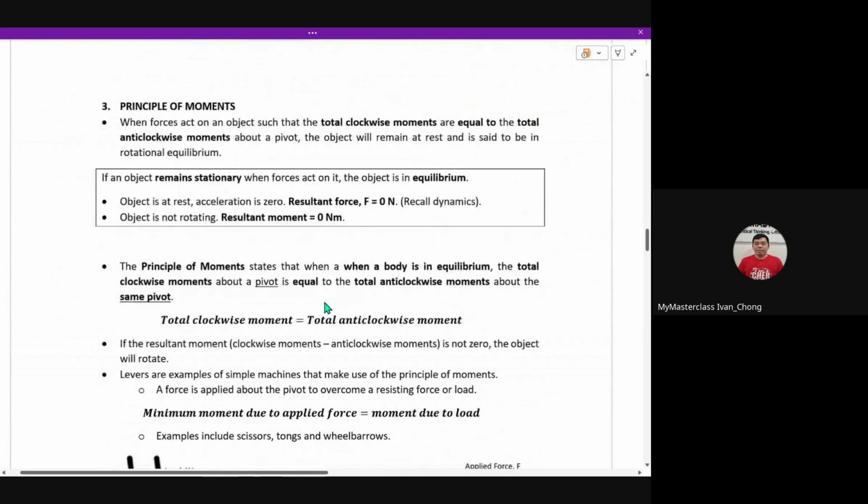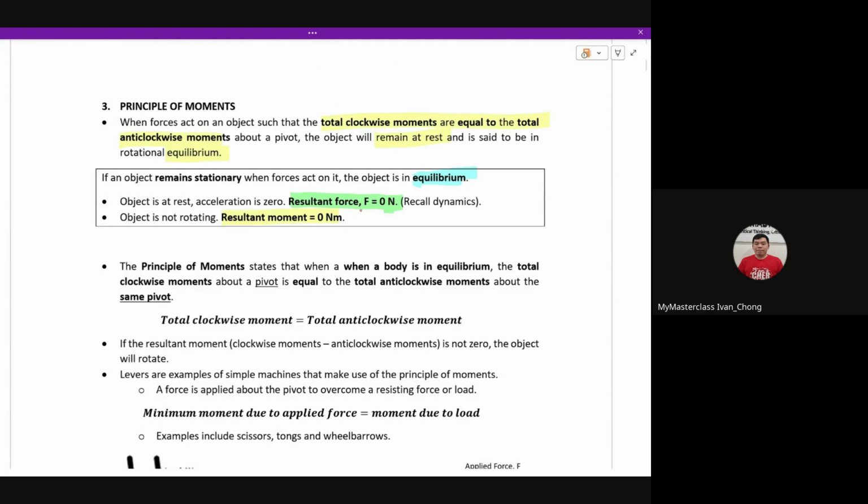So in the next page itself, where we learn about principle of moments, if they are the same, you will remain stationary and what we call equilibrium. So this word equilibrium over here, there is actually two things that can happen. Number one, resultant moment is 0. Number two, resultant force is 0.